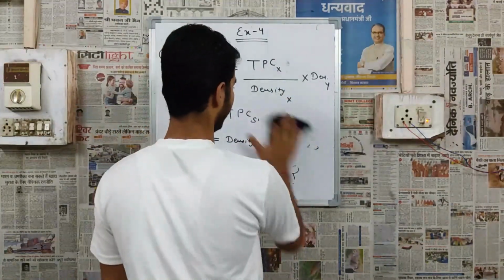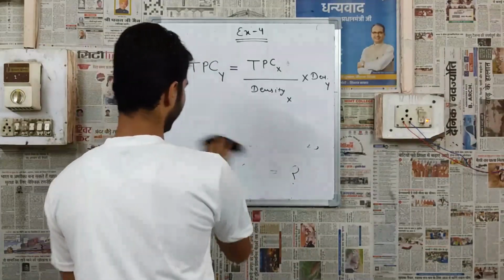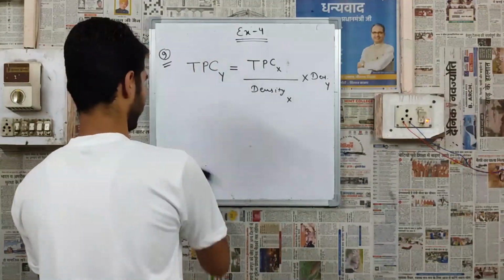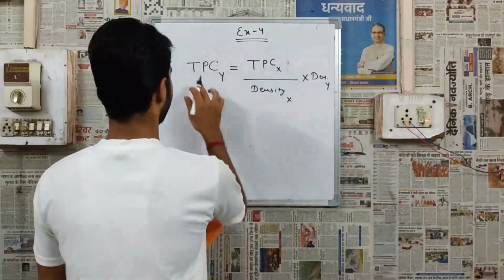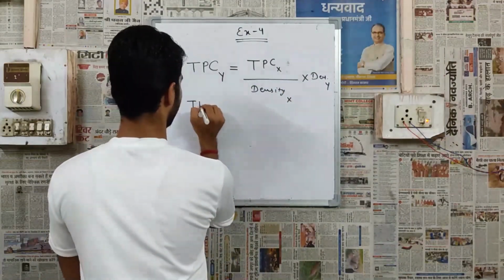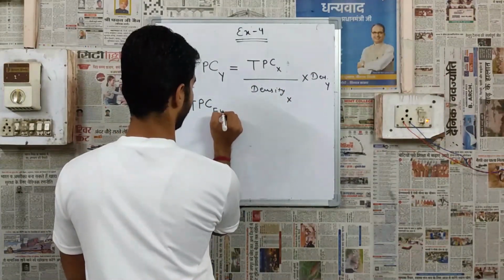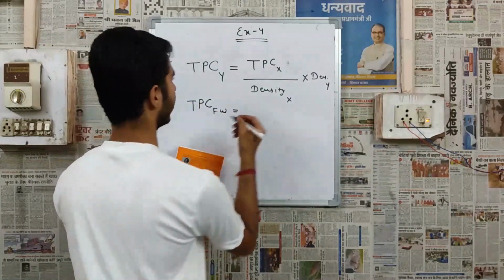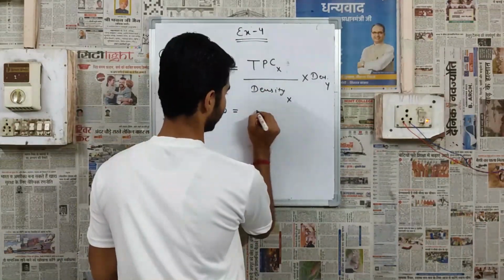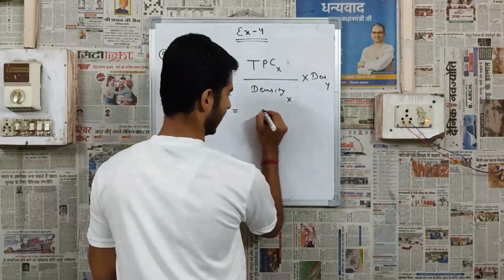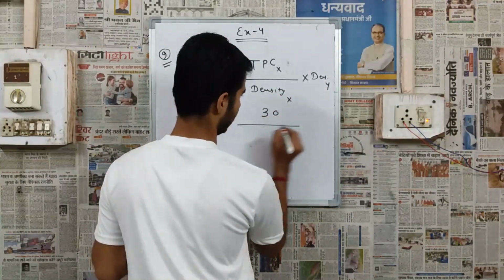So TPC Y stands for TPC of fresh water, which we have to find with this formula. We just put the values directly into the formula. TPC Y is TPC of fresh water according to the question, and TPC X is TPC of salt water, that is 30.